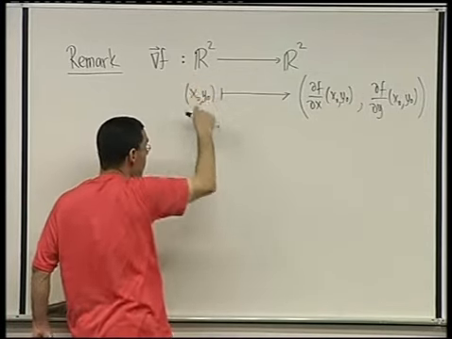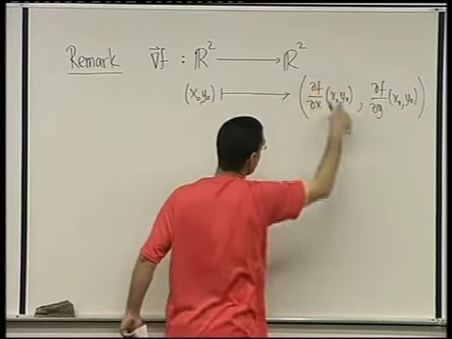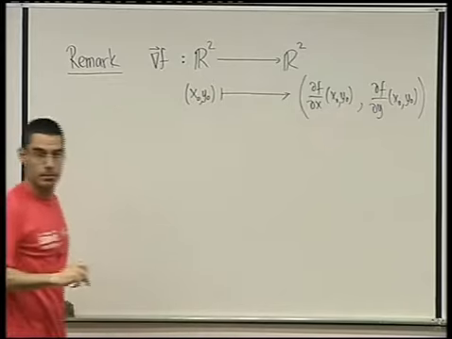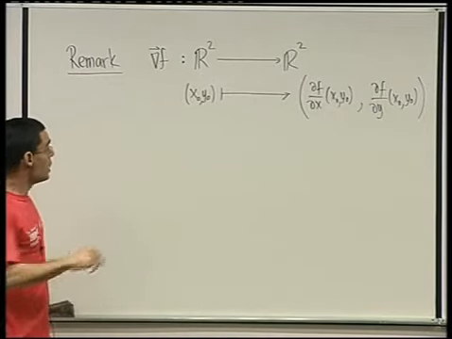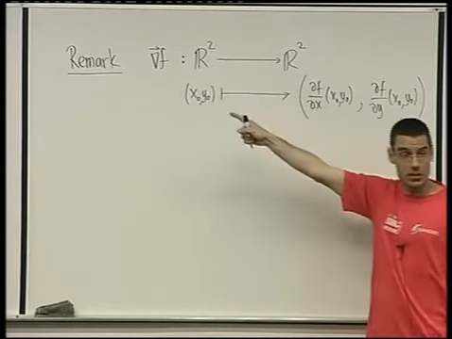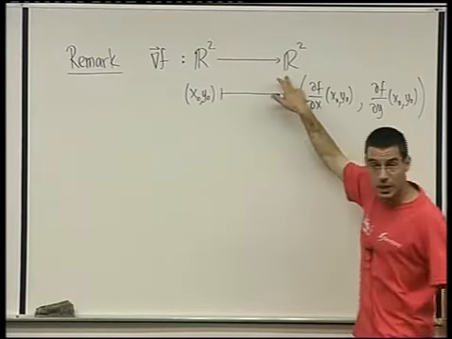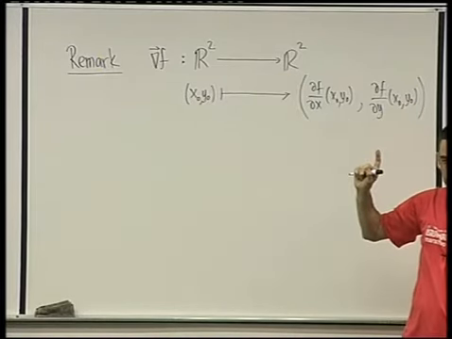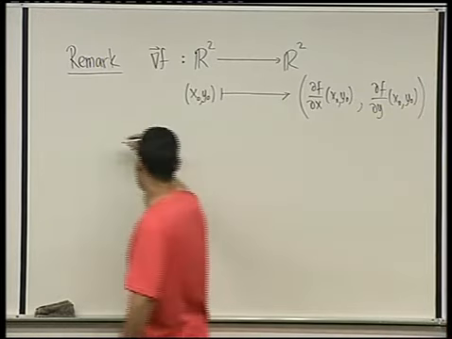For a given point in the domain, it sends it to a given point in the range. Do you see that? Okay, clear, everybody? So we haven't encountered yet functions like this. Functions where both the domain and the range are not single variable. Okay? So this is our first example.